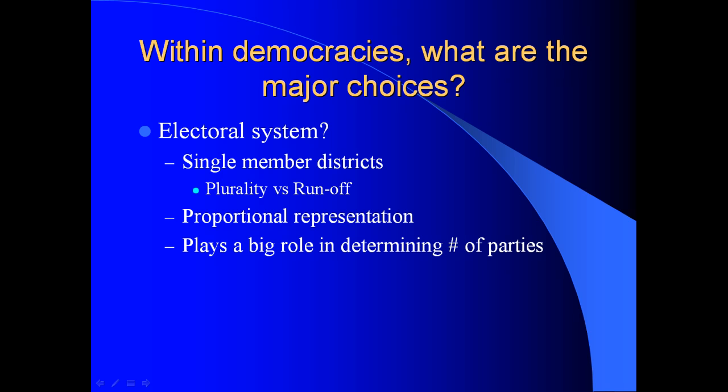So that's single-member districts. And the other way of doing it, the whole big picture way of doing it, is called proportional representation. So instead of dividing your legislature up into districts, you can just have the entire country go and vote for the party of their choice.